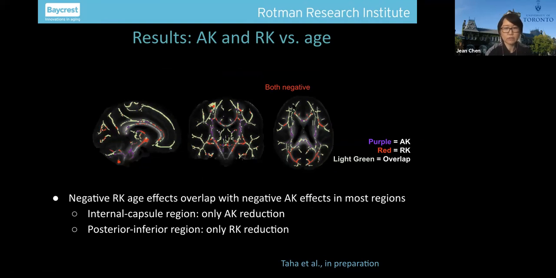So again, this overlap map basically showing the regions in which we see negative age associations in axial and radial kurtosis. And this time the overlap is much larger. So negative radial kurtosis effects overlap with negative axial kurtosis effect in most regions, but not in the internal capsule region, which is purple here, which only has AK age effects, and not in the posterior inferior region, which only has RK age effects, both sort of negative age associations.